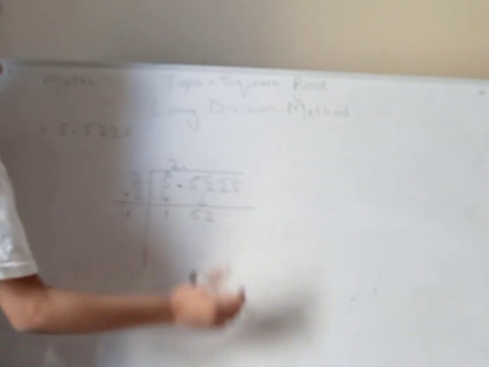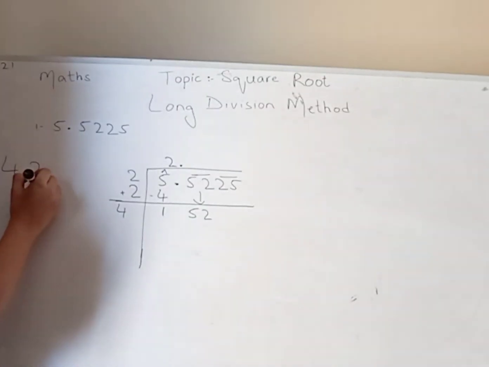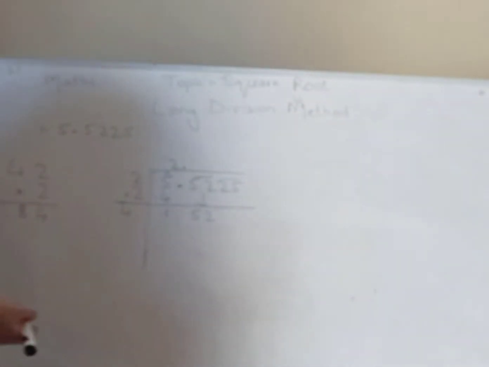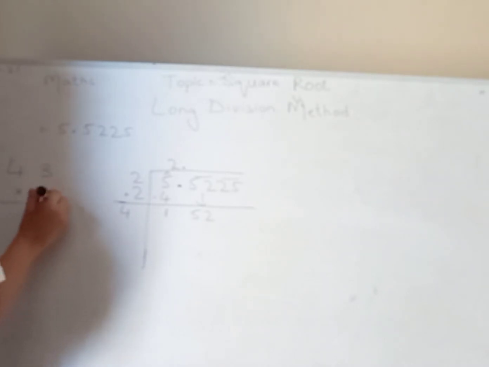Now 152. Let's try with 4 and 2. 4. No, we cannot solve it with 4. Now 3. 3 times 3 is 9 and 3 times 4 is 12.